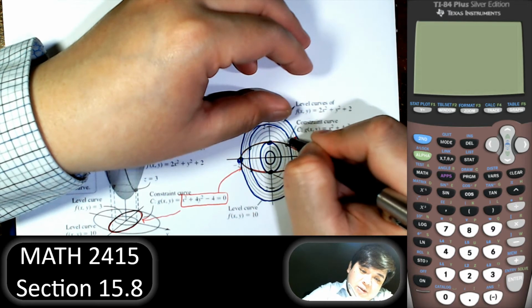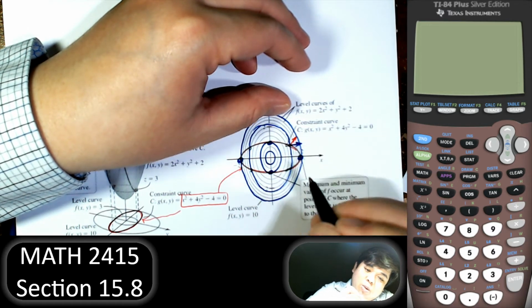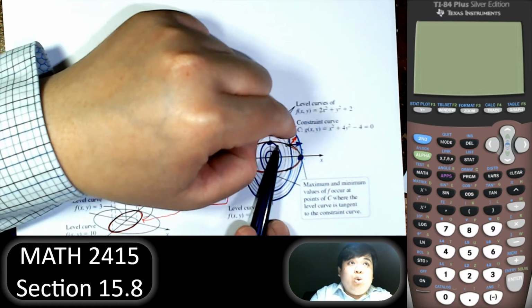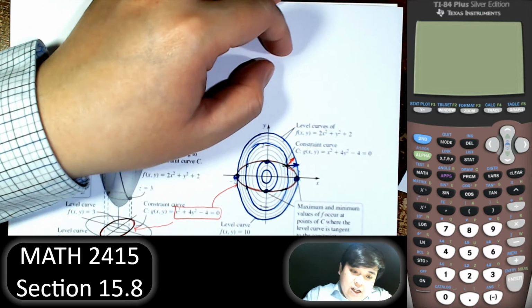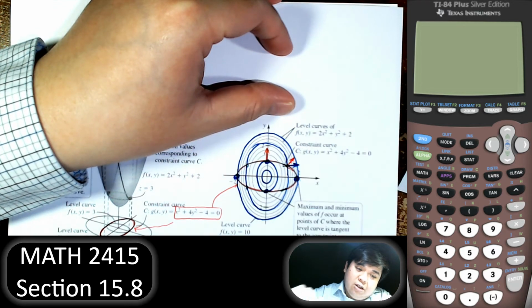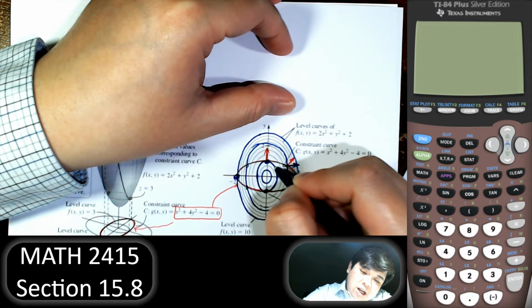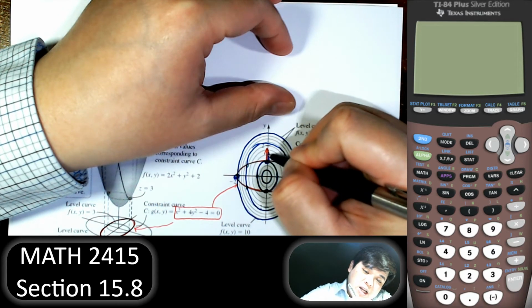And if the curve goes like this, the gradient points in that direction. So those two do not align. However, at the point here, the gradient would point in that direction for that curve, and for this level set, it points in the same direction.